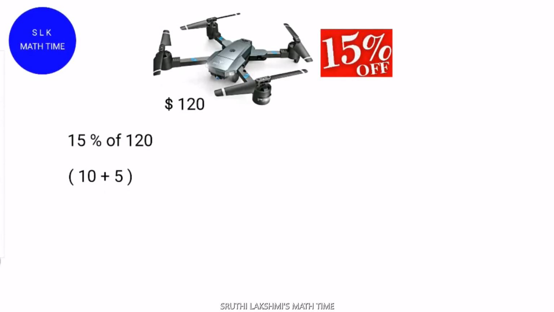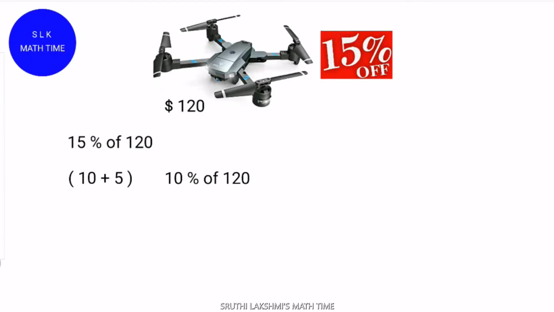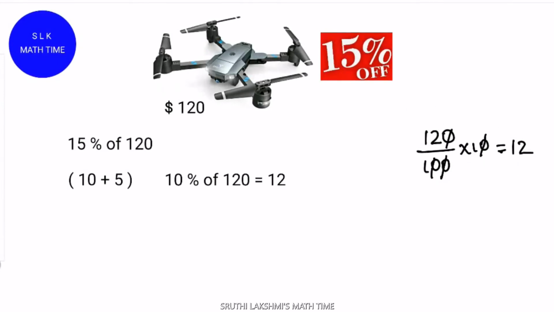So we find 10% of 120. When we find 10%, put the decimal point one digit to the left. So we get 12. In the normal way, we do 120 divided by 100 into 10. When we simplify this, we also get 12.